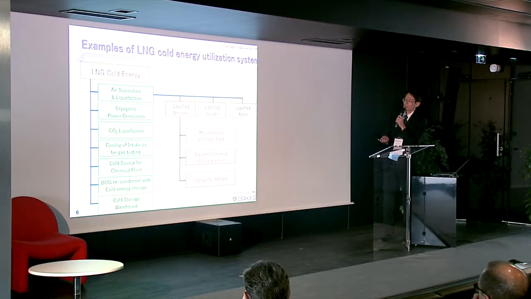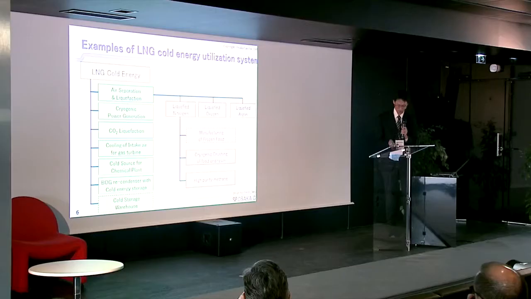Second one is cryogenic power generation, and third one is carbon dioxide liquefaction. And next is the cooling of intake air, chilling for gas turbine. This can expand the output of the gas turbine. And also cold energy is used for chemical plants. Chemical plants need low temperature water or so.